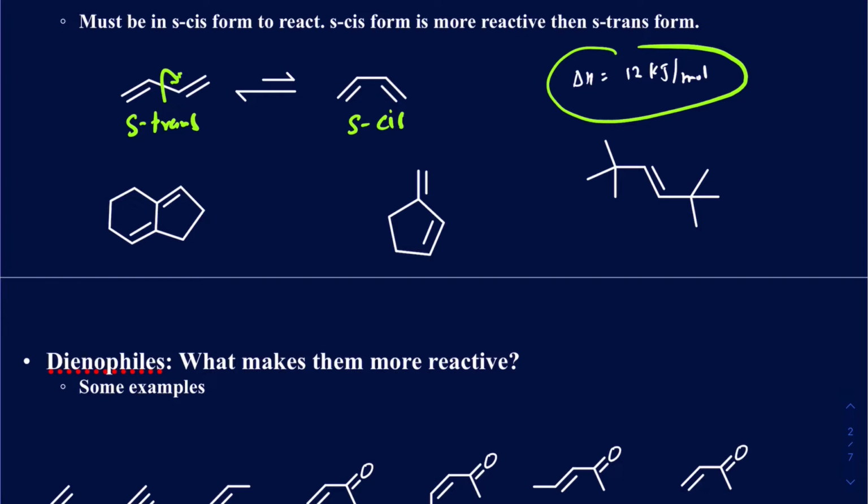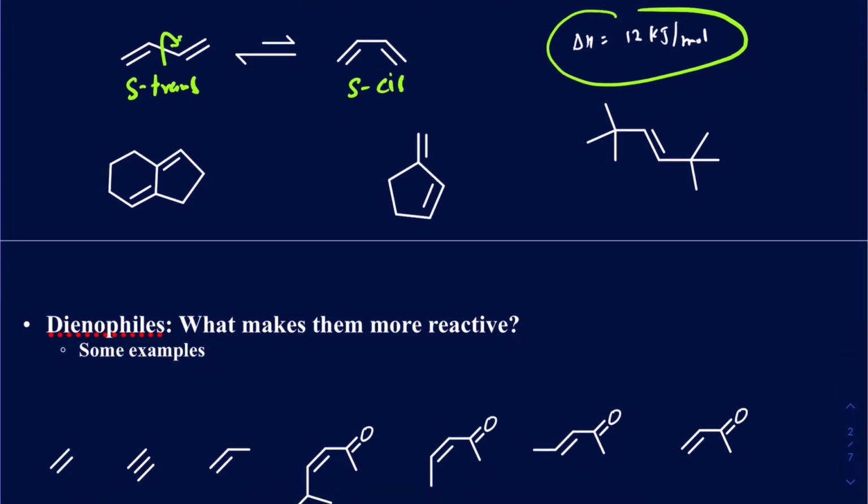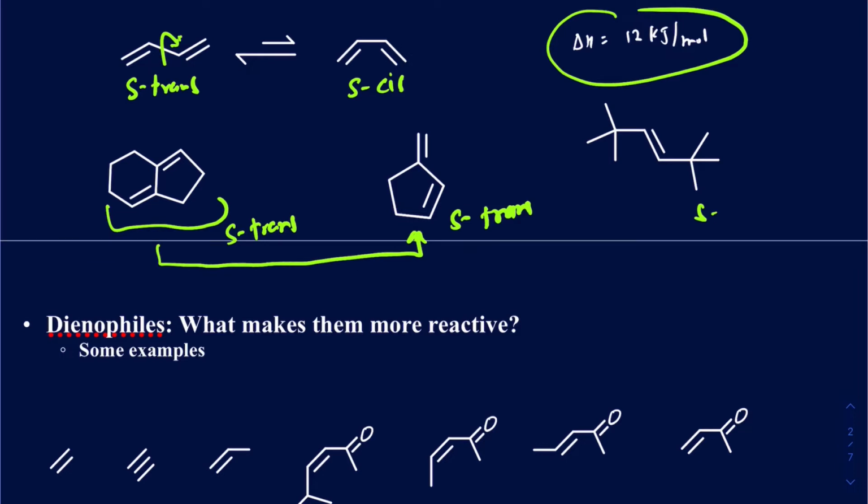Now, there are some guys that are going to be always in the S-trans form. And if they are in the S-trans form, they are not going to be reactive toward Diels-Alder reactions. Like this one right there, that's in an S-trans form. So is this one, and so is this one. Well, I can't really convert these first two because of the restrictions with the ring.